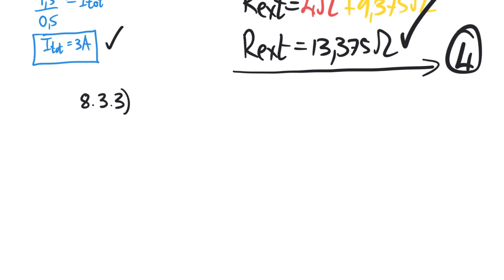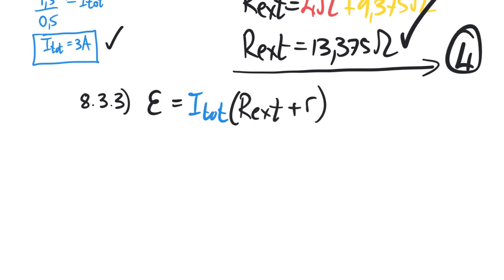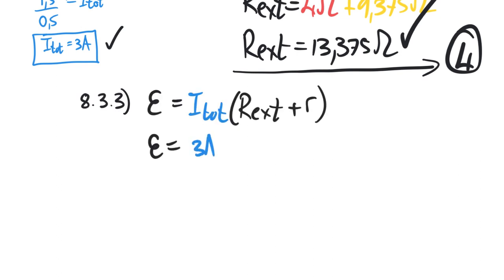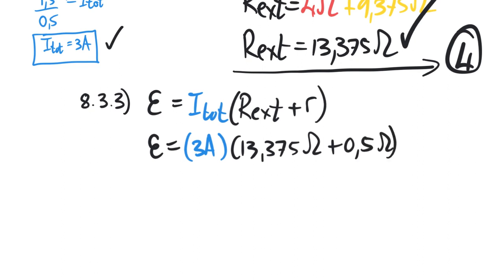So we're looking for the EMF, so the EMF is going to be I total times R external plus the internal resistance. And so this is the formula that we get off the formula sheet. We are looking for the EMF. We have I total is 3 amperes. R external is 13,375 ohms. The internal resistance, as we've already mentioned, is 0.5 ohms.